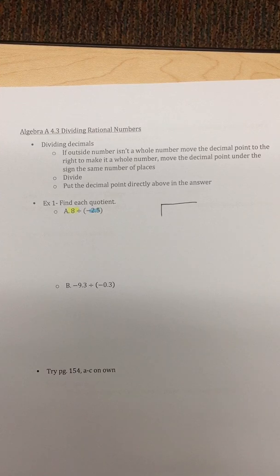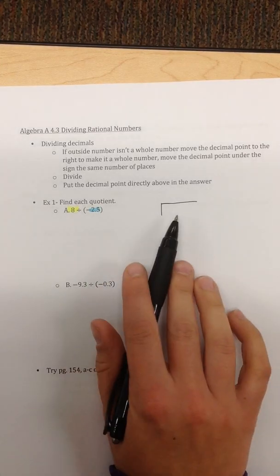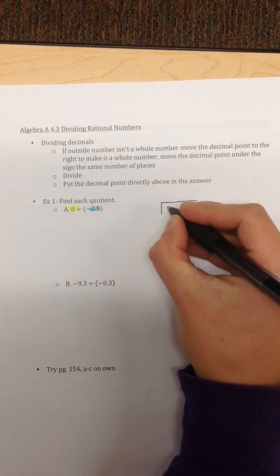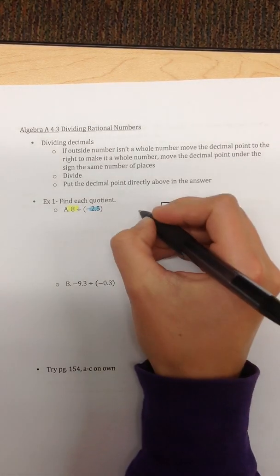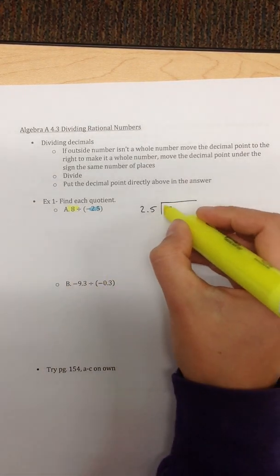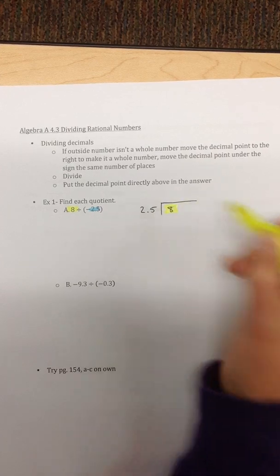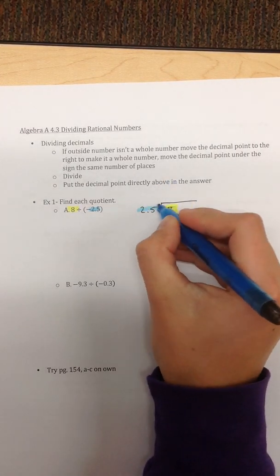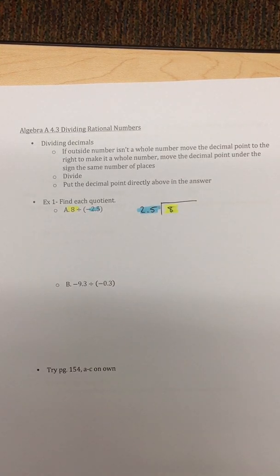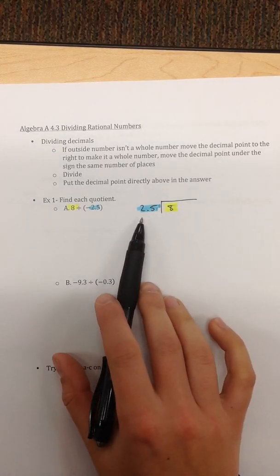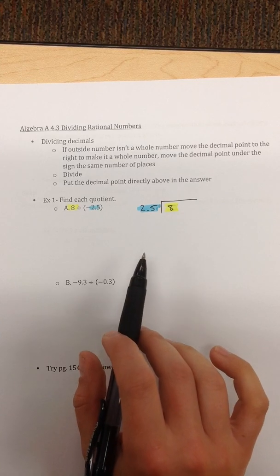My first number goes underneath the division, so the 8 goes under there, and the 2.5 goes outside. It's always going to follow that same format: whatever's listed first goes on the inside, whatever's listed second goes on the outside.